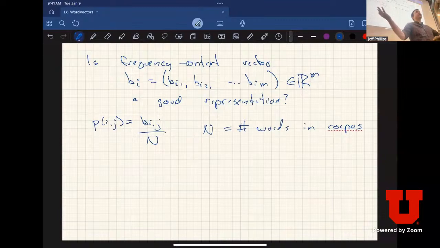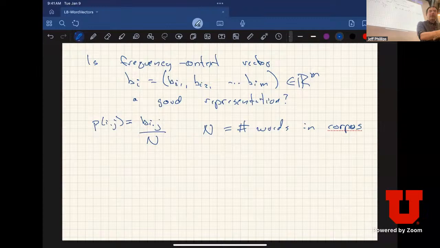Corpus is like all of Wikipedia. So in the corpus, this is kind of a probability of seeing this pair of words. Not exactly that, but up to some factor, dividing by the context window size.